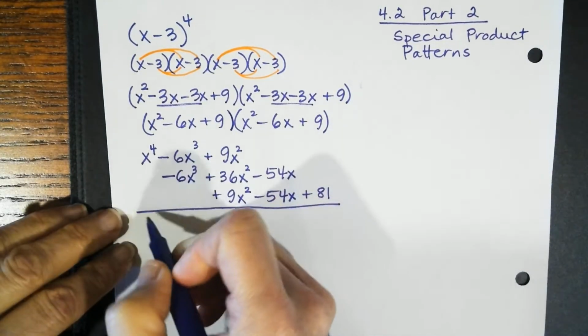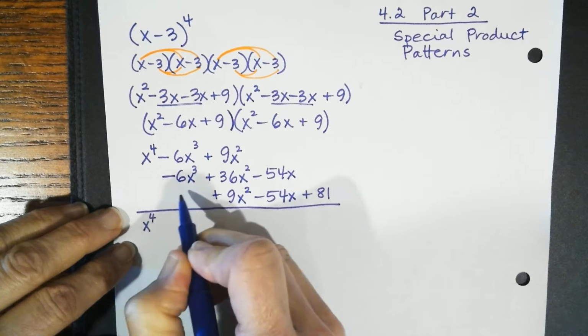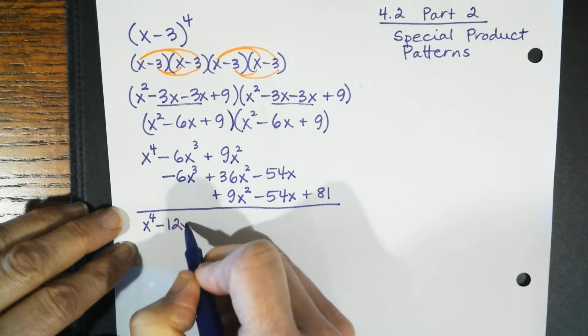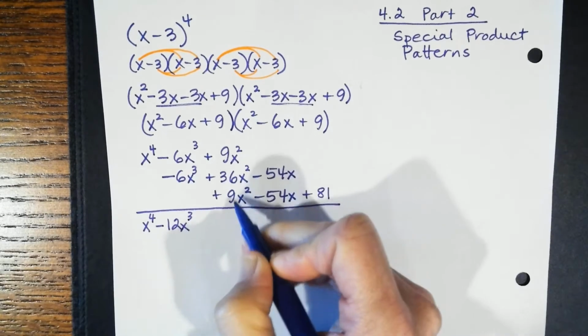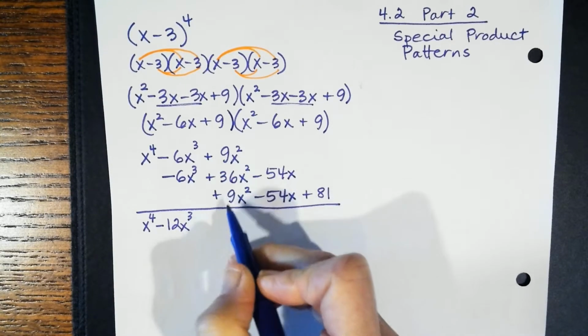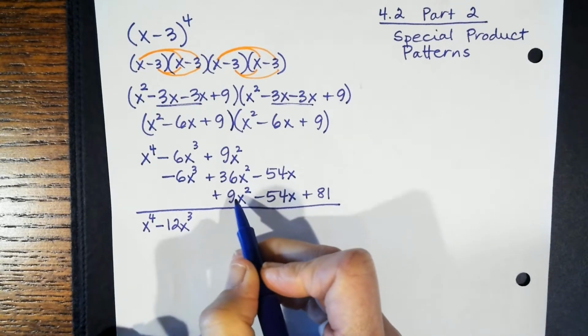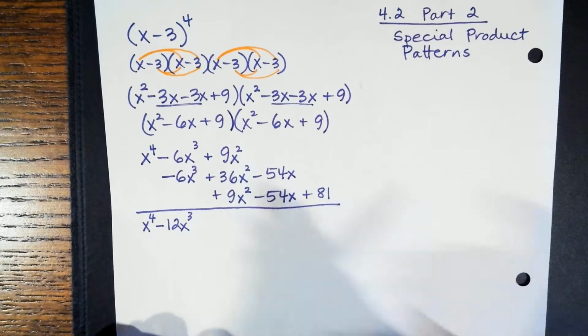So this simply becomes x to the fourth. These two I'm going to combine together, because now there's 12 of those cubes. These I end up with 18 and 36. So 18 and 36, so how many does that end up being?